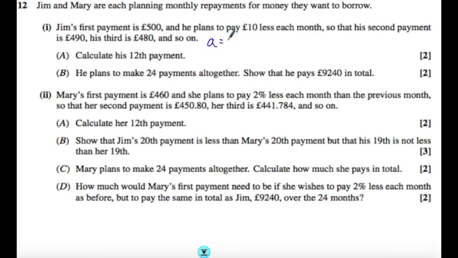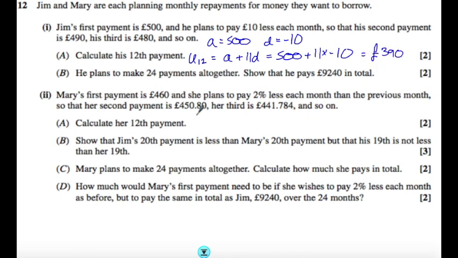So A is 500 and then the difference is minus 10 because it's going down by 10 each time. So 12th term will be A plus 12 minus 1 lots of D, so plus 11D. So 500 plus 11 times minus 10, which is £390.